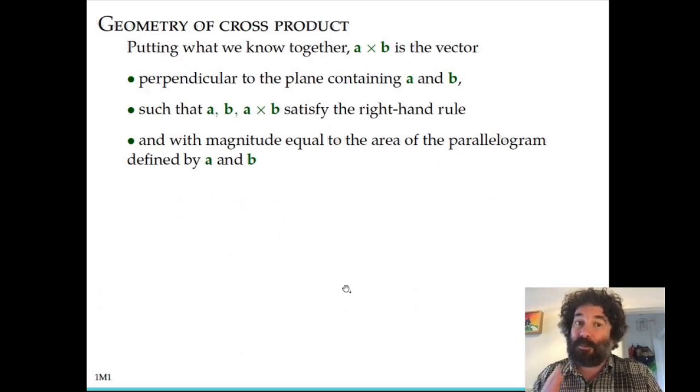It's the unique vector that's perpendicular to that plane and satisfies the right-hand rule. So remember, you take your right hand, your fingers point in the direction of A so that they curl in the direction of B, then your thumb points in the direction of A cross B, and the magnitude is given by the area of the parallelogram defined by A and B. So this uniquely defines a vector, and that is the cross product of A and B, a geometric description of the cross product of A and B.